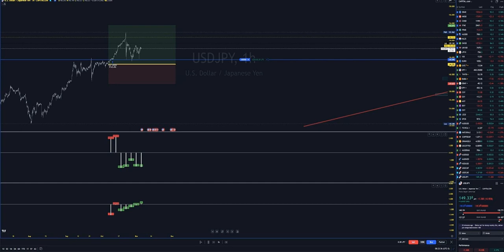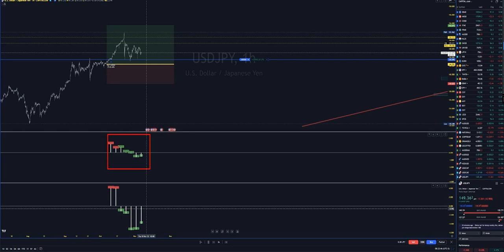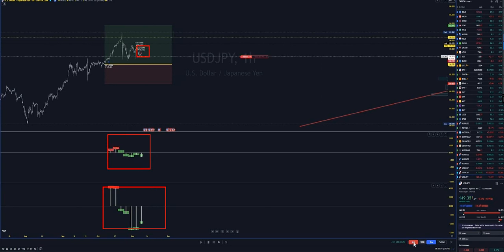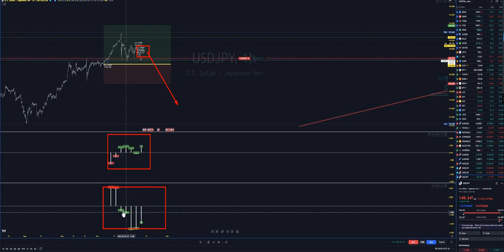So we see here now for hourly, the daily is down, but the Dixie is up. The trend is over. Like now here, we close the trade. We take profit. We go short because now the trend for the short term is over.